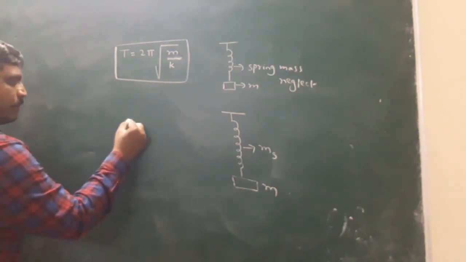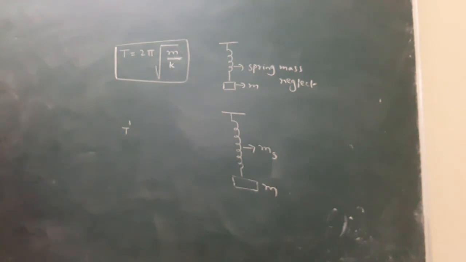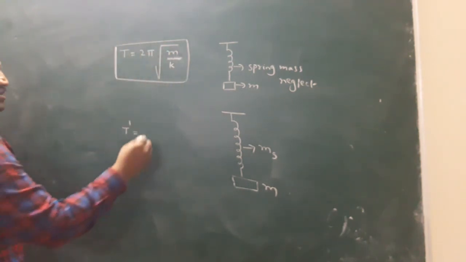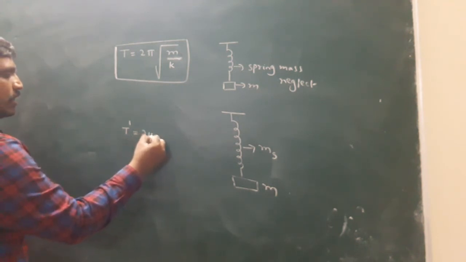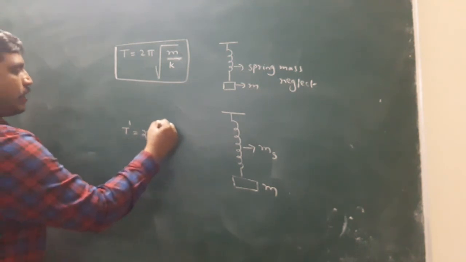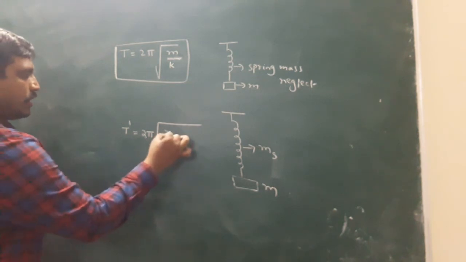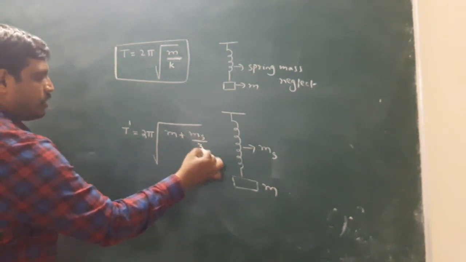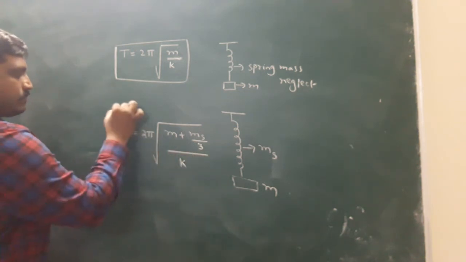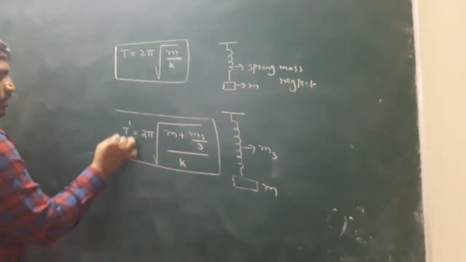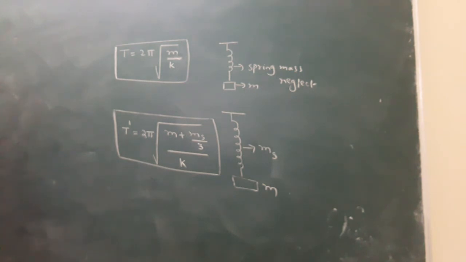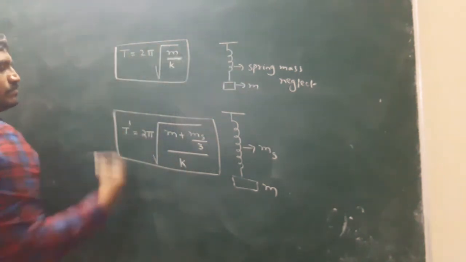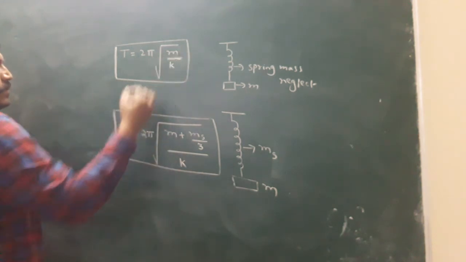Now a new time period. In this situation, the mass of the spring is also considered. I am giving the formula directly: 2 pi under root (M plus Ms by 3) whole by K. Derivation is not required. Again I repeat: when spring mass is neglected, it is M by K, mass of the load by spring constant.